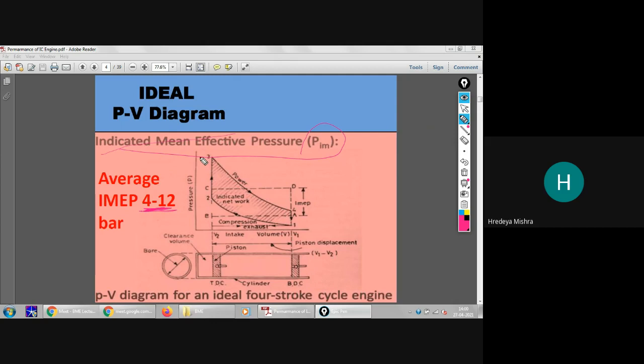Now on the y-axis pressure is there and on the x-axis volume is there.